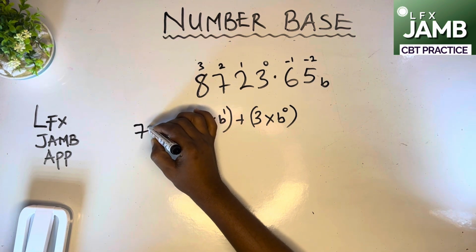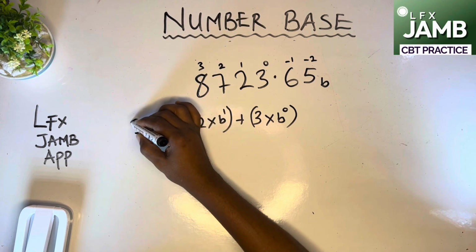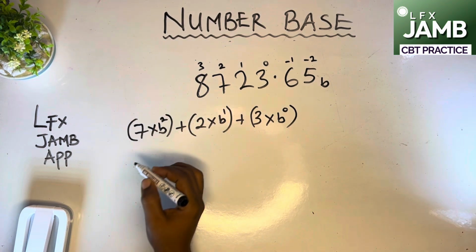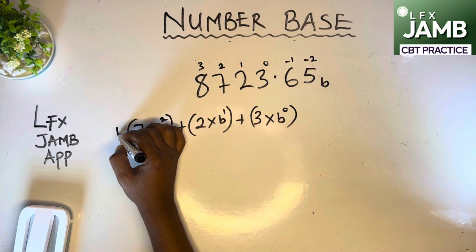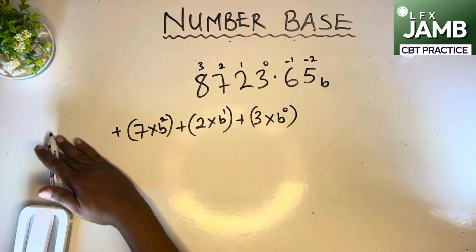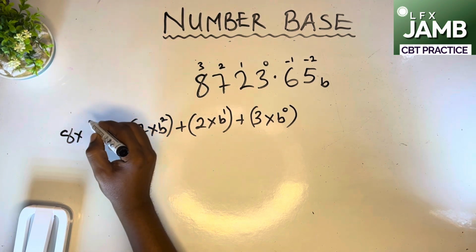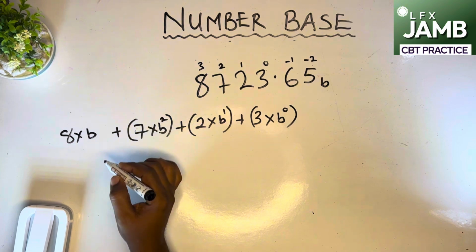plus 7 times b raised to the power of 2, plus 8 times b raised to the power of 3.